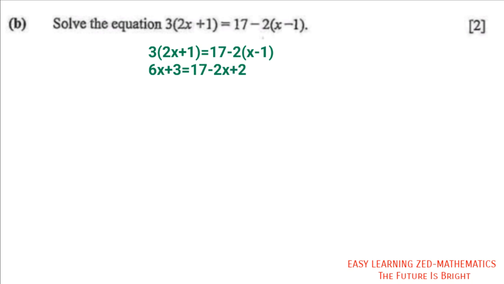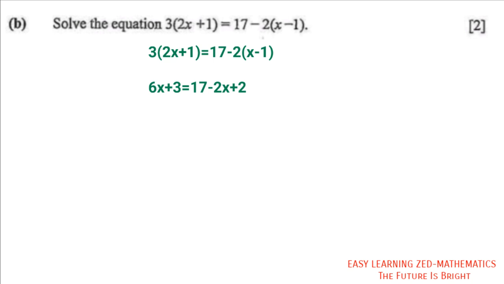Once we've done that, the next thing we're going to do is put like terms together. Before I do that, I'm going to leave space there so that it is clear.